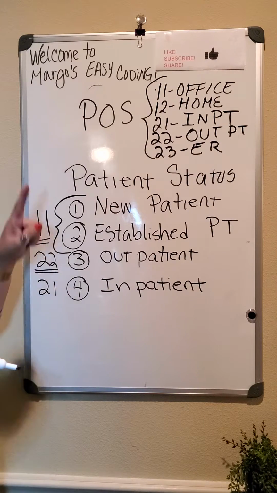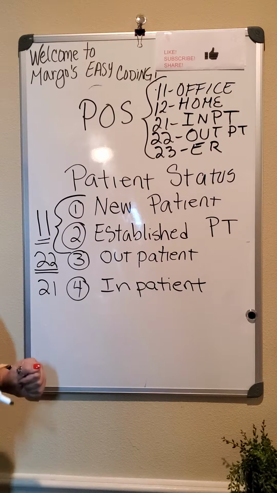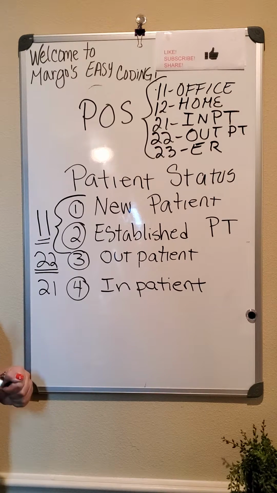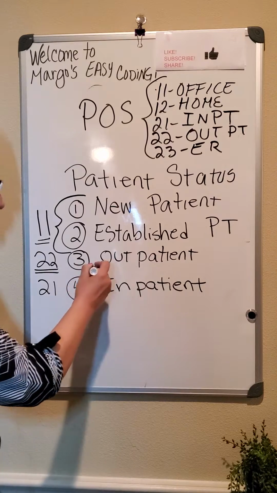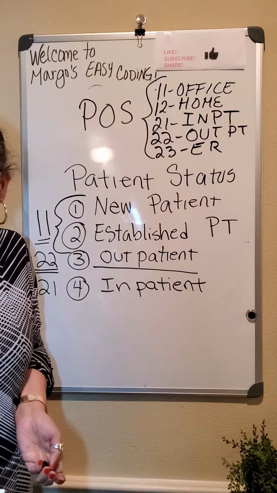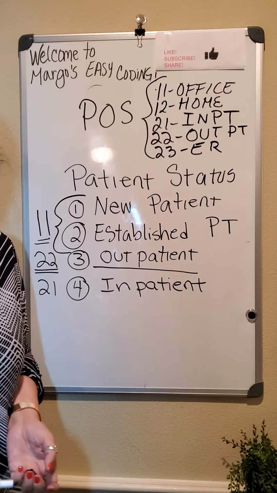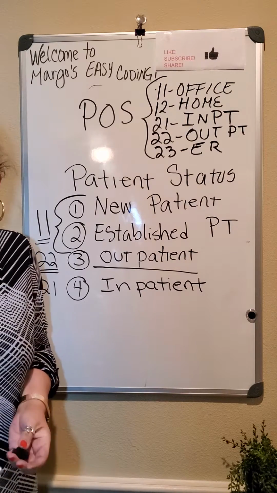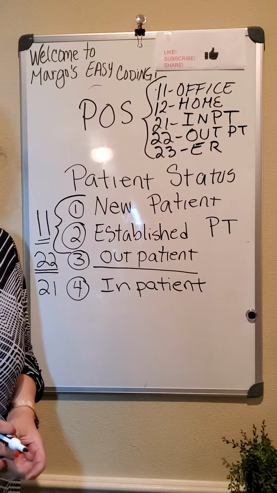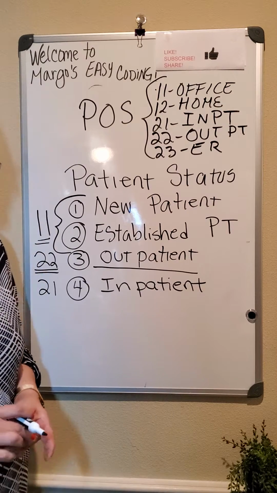And if the patient is being seen in the emergency room, the patient status is outpatient. Because when a patient goes to the emergency room, the patient usually is in the emergency room for less than 23 hours.